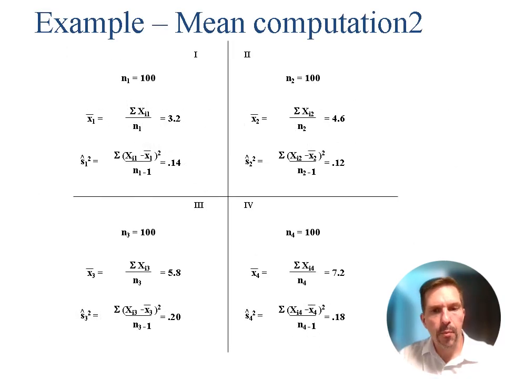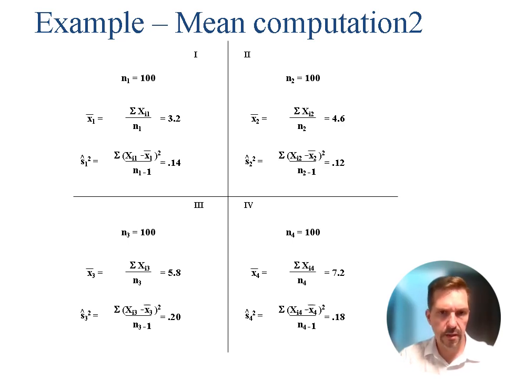Now let me show you with a more realistic example and some computation on how you go about creating an average when you have a stratified sample. So let's assume that in this case, instead of breaking down the population into 2 groups, so 2 strata, we actually break it down into 4 groups.